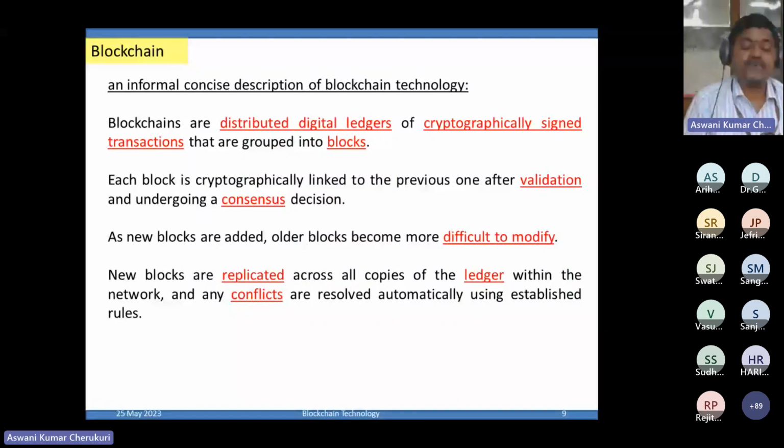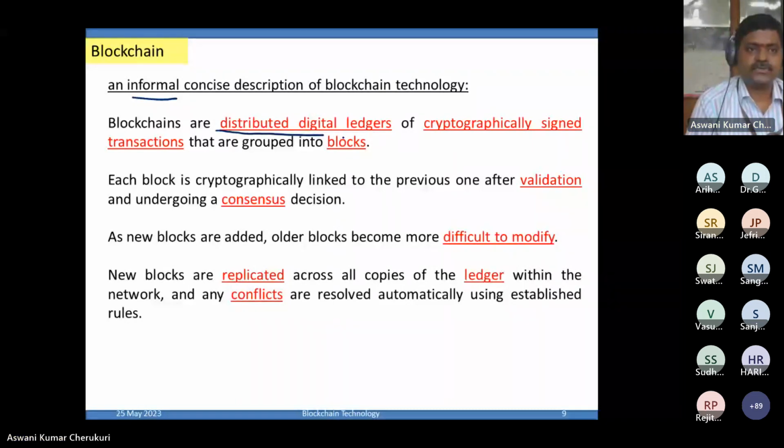So now the point is, what is blockchain technology? There are various ways with which we can understand it, but just to provide an introduction, an informal way of introducing blockchain is, number one, blockchain is a distributed digital ledger. This is one thing you need to understand. The second one is that it is cryptographically signed.